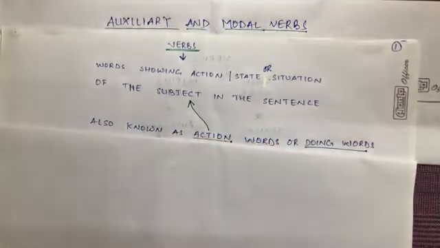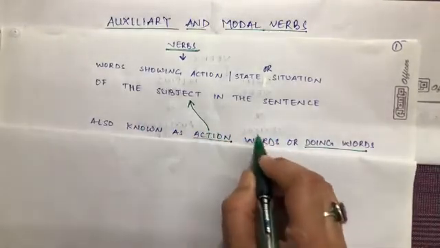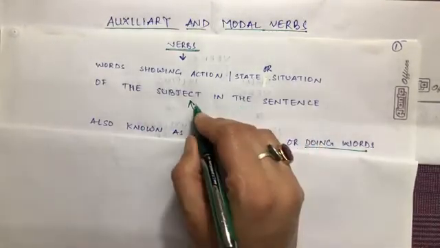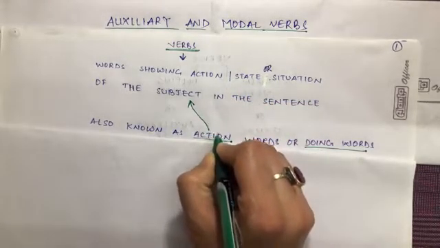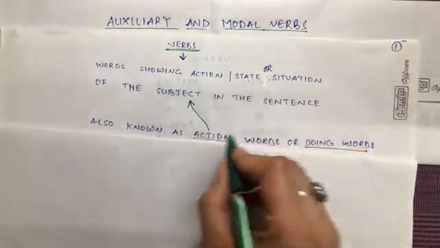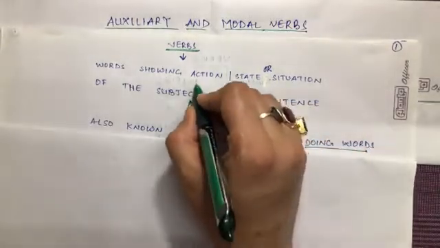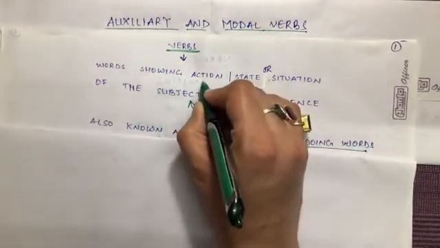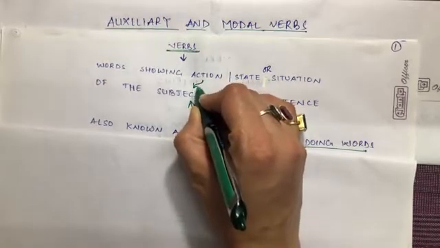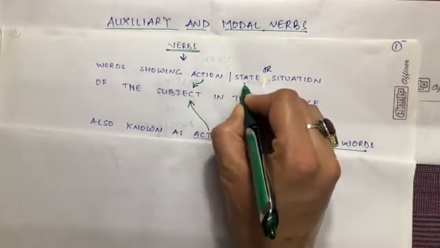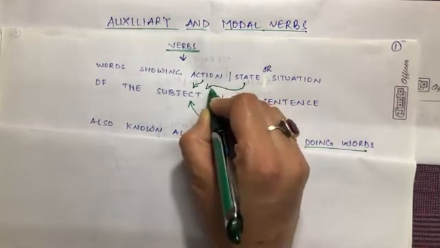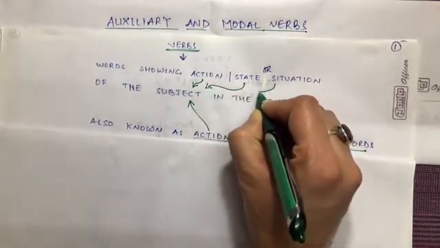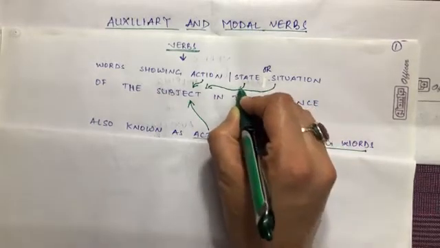The subject performs these actions, so these words are known as verbs. These words not only express the action performed by the subject, they also give us an idea about the state or situation the subject is in.